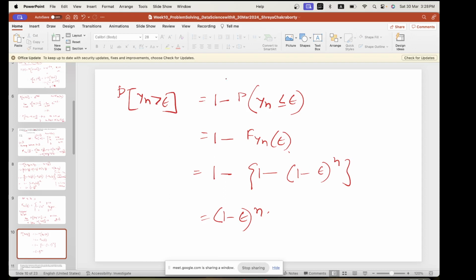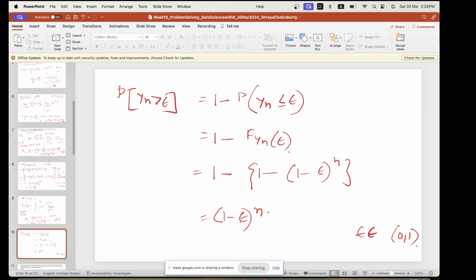Okay. So now if epsilon belongs to the range 0 and 1, then we can write that this quantity will be a fraction. If epsilon is equal to 1, this will be exactly 0.